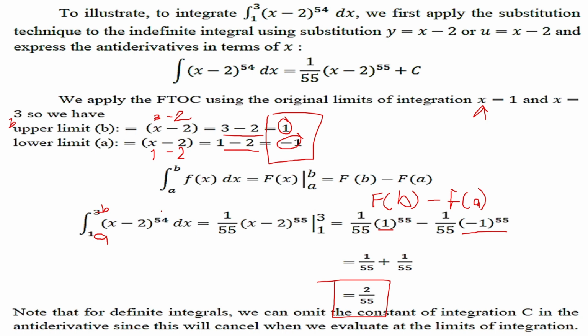Therefore, we get 1 and negative 1. We have the upper limit b and the lower limit a, right? So you will use that in F of b minus F of a: 1 and negative 1.